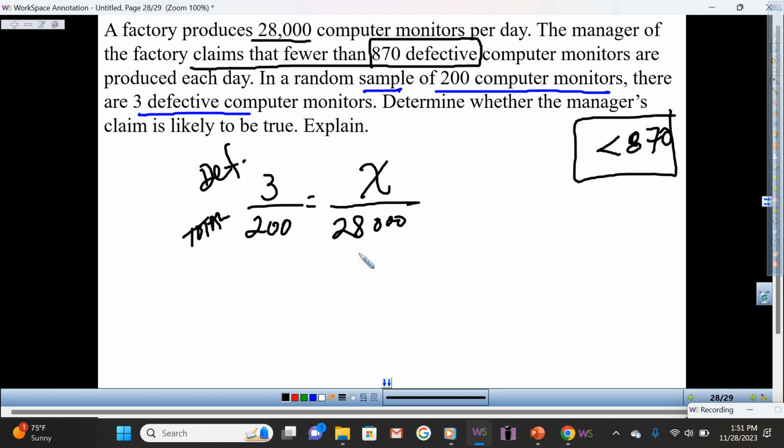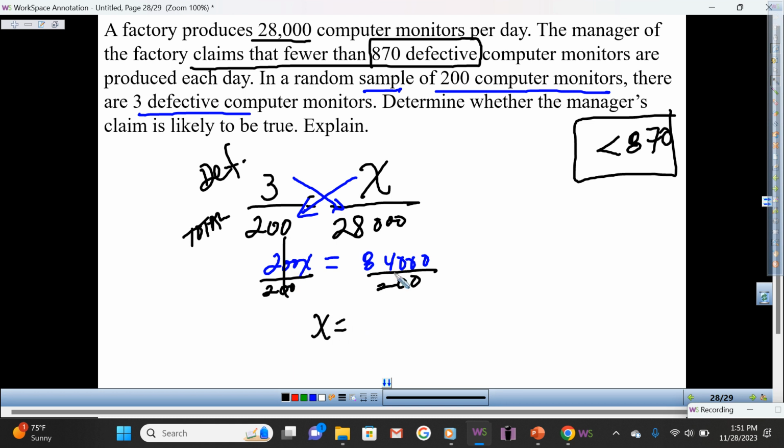So what can we do with this? Cross multiply and solve. So 200x equals 3 times 28,000. So that's 0, 0, 0. 8 times 3 is 24. We got 2. 3 times 2 is 6 plus 2. That's 84,000. And to solve, we just divide by what? 200.